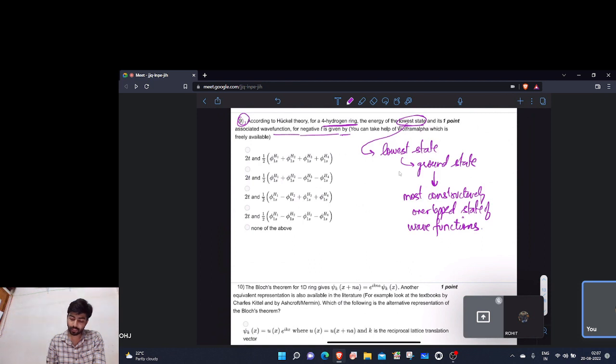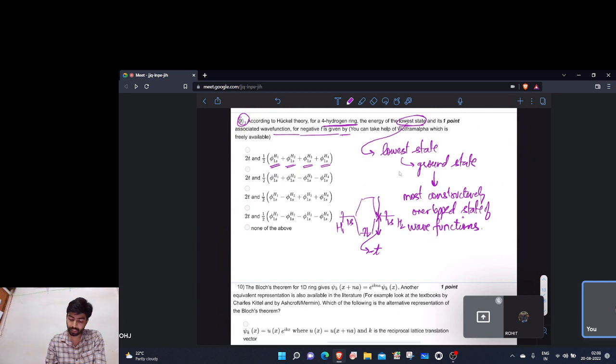The most constructive state which we find here is psi-1s constructively overlapping with psi-1s of hydrogen 2, constructively overlapping with the third and the fourth. And also in the previous example, we found that when we drew the diagram for hydrogen 1 and hydrogen 2, these 2 electrons, when they combine in the bonding molecular orbital, there is a stabilization energy T. We call it T, and since it is an energy of stabilization, the sign is negative.